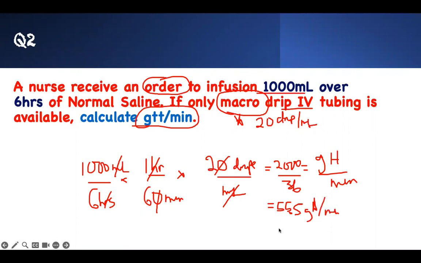Most of the time, they want you to convert into a whole number. So this would be like 56 drops per minute. So that's how you calculate this answer choice. Just using dimensional analysis, you just flip the numbers the way you're supposed to. You start from your answer choice first.